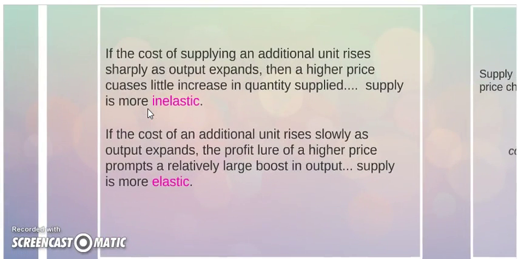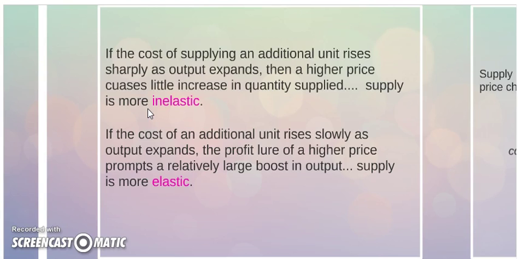So if the cost of supplying an additional unit rises sharply as output expands, then a higher price causes little increase in quantity supplied. Supply is more inelastic. I'm going to repeat that. If the cost of supplying an additional unit rises sharply as output expands, then a higher price causes little increase in quantity supplied.